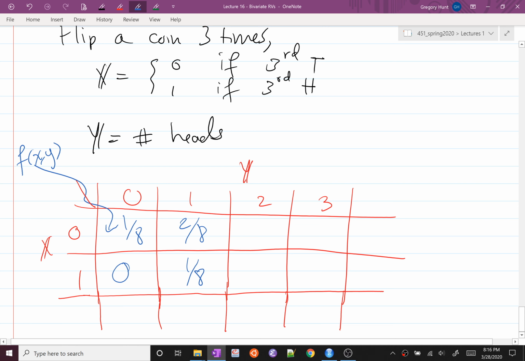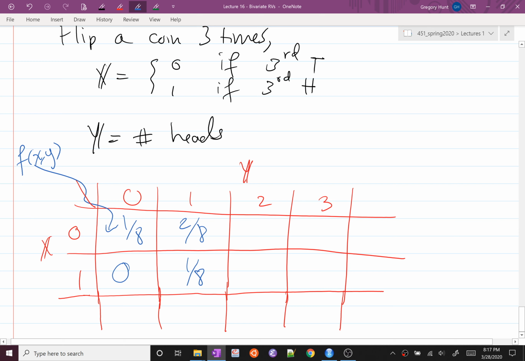Continue on. Total number of heads is 2. So if we're looking at this box, total number of heads is 2, y is 2, and the third is a 0. Third is a tail, so x is 0. So that must be heads, heads, tails. And you can actually go and look back up at your table. That would be a real good way of looking at this.